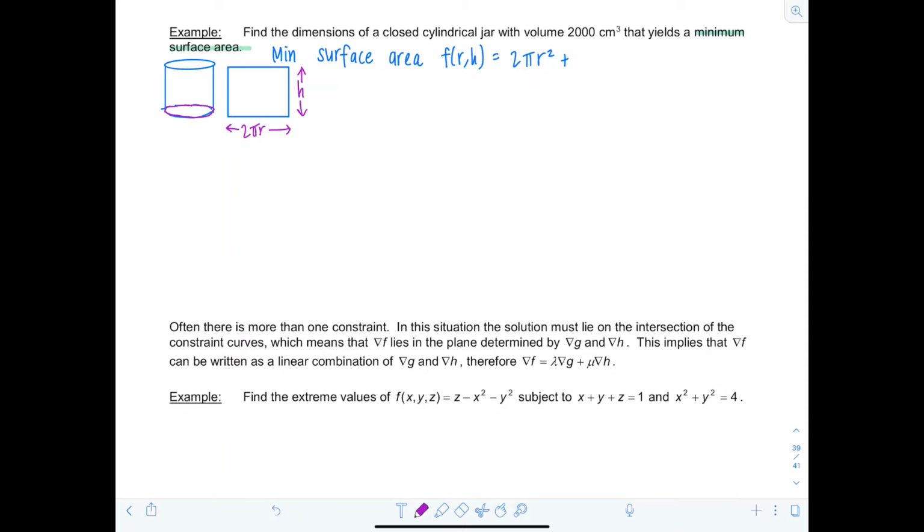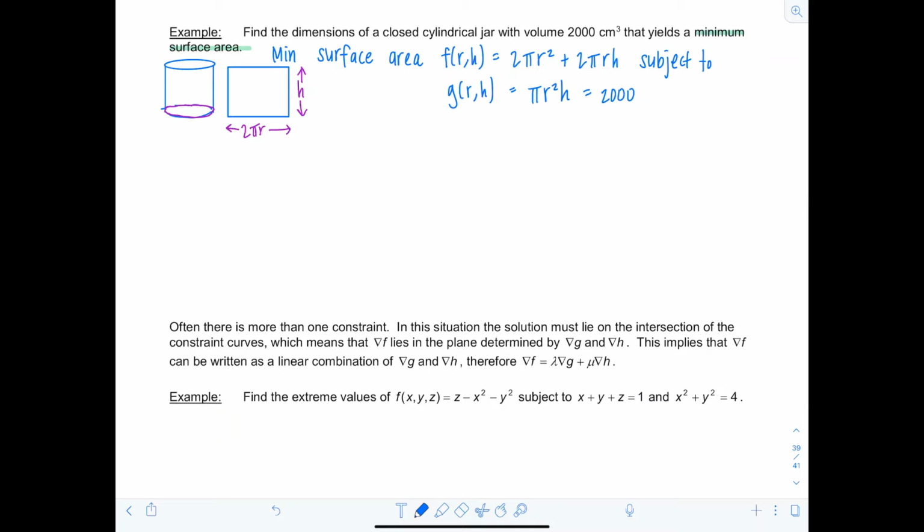So the formula now for the surface area is going to be 2 pi r squared plus 2 pi r h. And that needs to be subject to the constraint that g of r and h, the volume, which is pi r squared h, is equal to 2000.